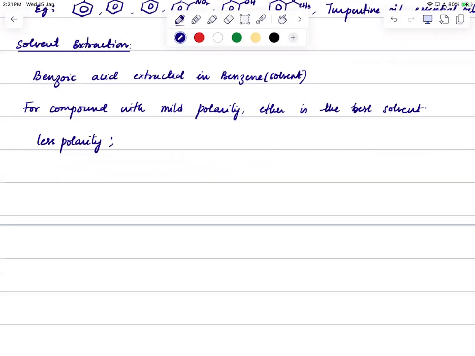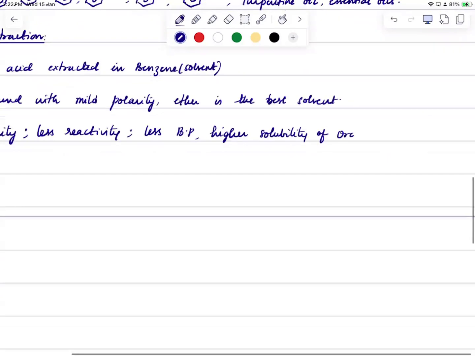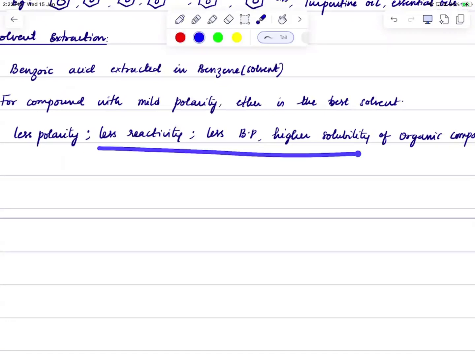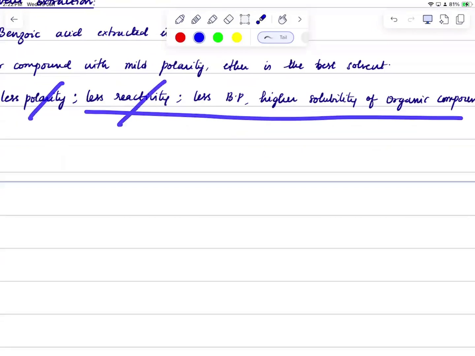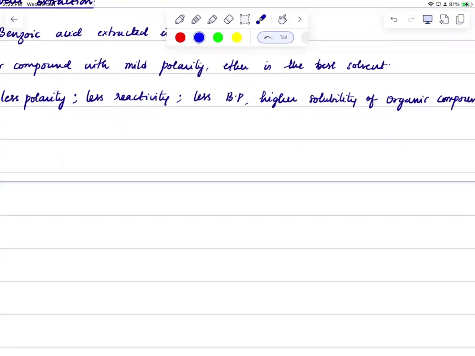Ethers have less polarity, less reactivity. It's not like they will react with the organic compound added. It will have relatively less boiling point and higher solubility of organic compounds. Now, unfortunately, you may have to also choose the best out of these four options, like less polarity, less reactivity, less boiling point, and high solubility.